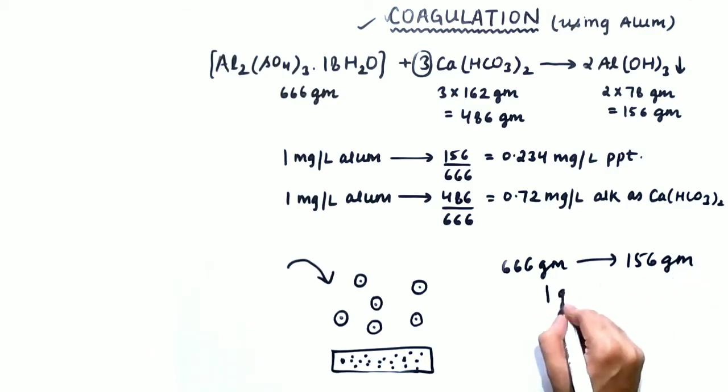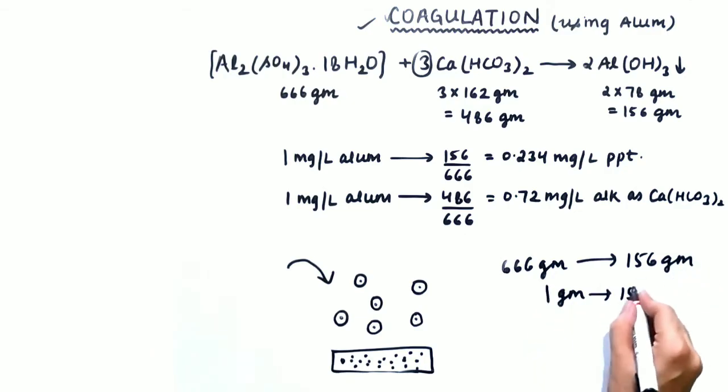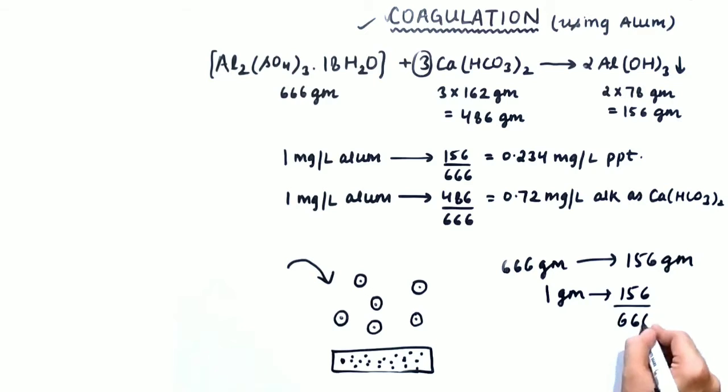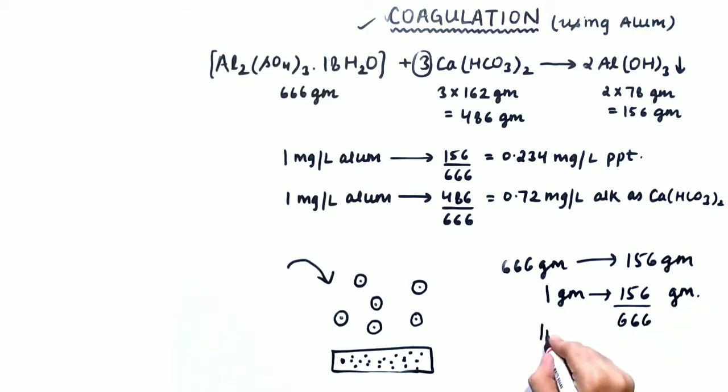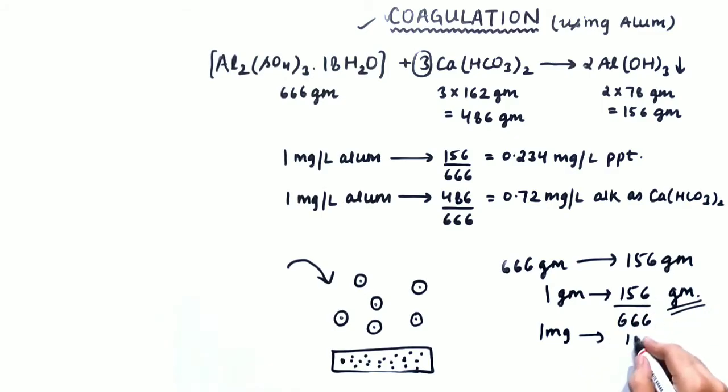So 1 gram alum will give 156 divided by 666 gram of precipitate. Similarly 1 milligram will give the same, since converting gram into milligram, the numbers will remain the same. 1 milligram per liter will give 1 milligram per liter. So 1 milligram per liter alum will give 0.234 milligram per liter of precipitate.